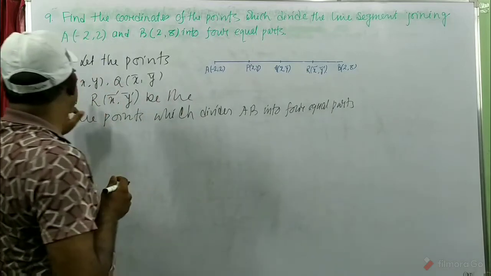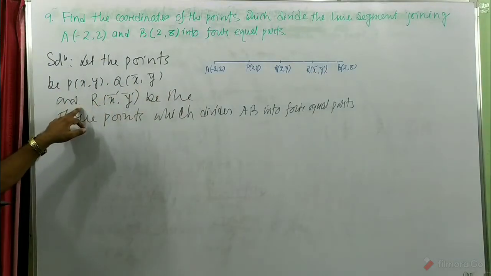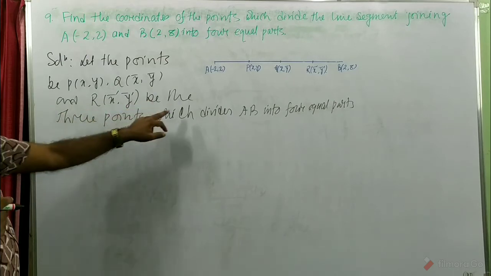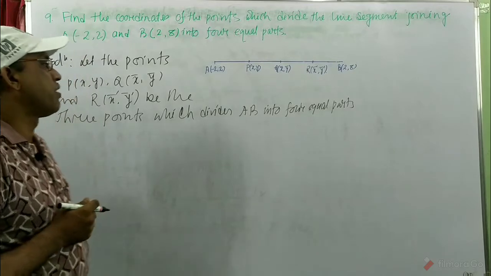So let the points be P x y, Q x bar y bar and R x bar dash y bar dash be the 3 points which divide AB into 4 equal parts.